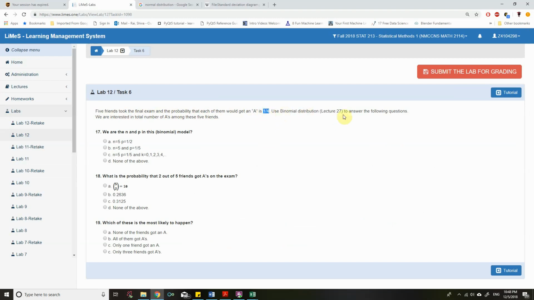Use binomial distribution to answer the following questions. We are interested in the total number of A's among these 5 friends. So what are the N and P in this binomial model? The probability of getting an A is 1/4, and 5 friends means N equals 5 and probability equals 1/4.